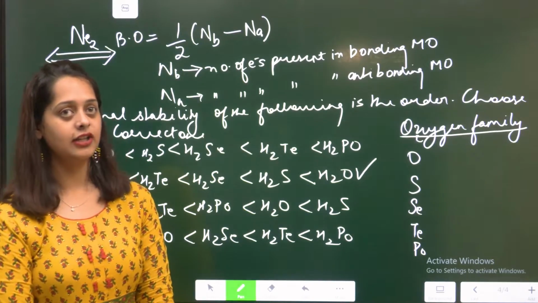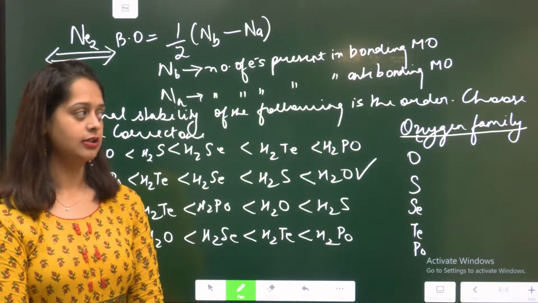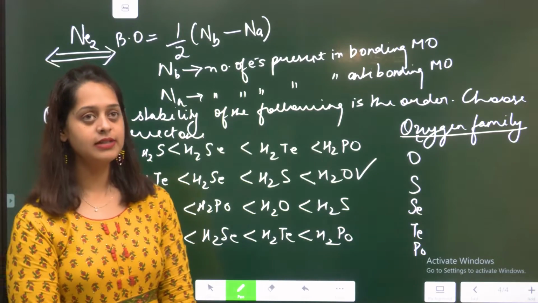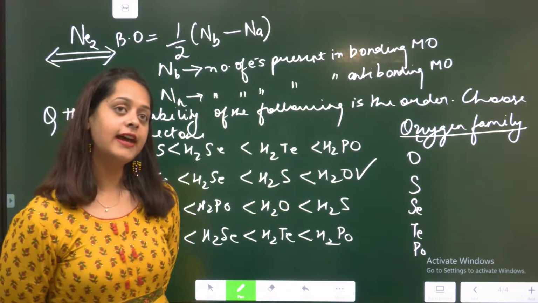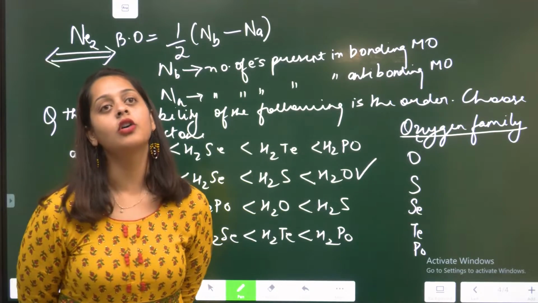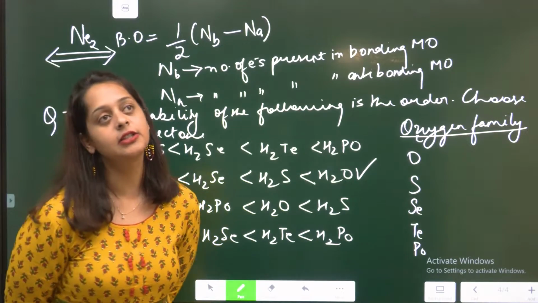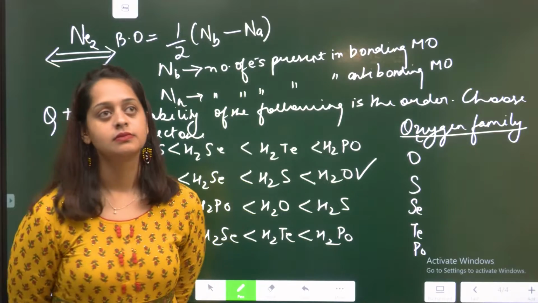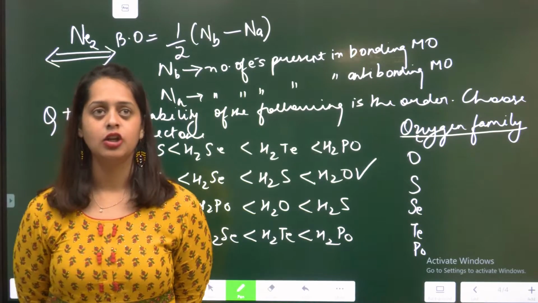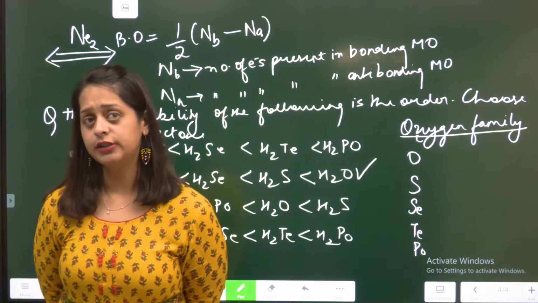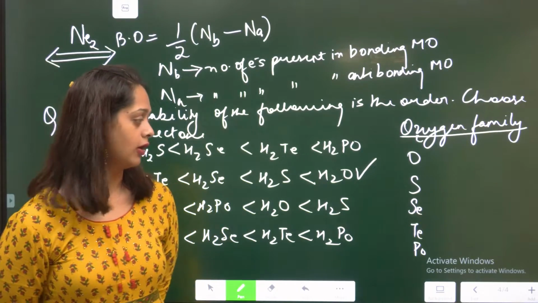Oxygen will hold the electrons more towards itself. And thermal stability will be defined by more ionic character present in the bond or more covalent character? Ma'am, more ionic.